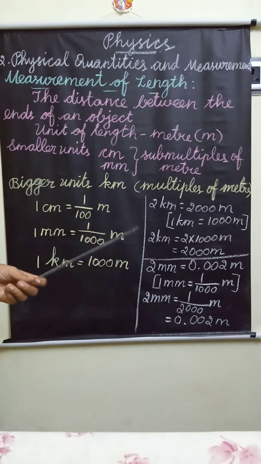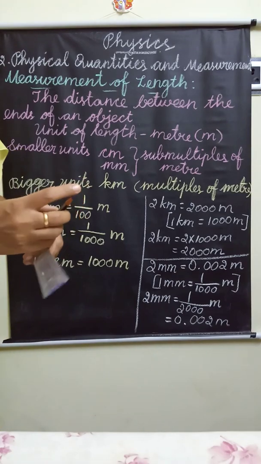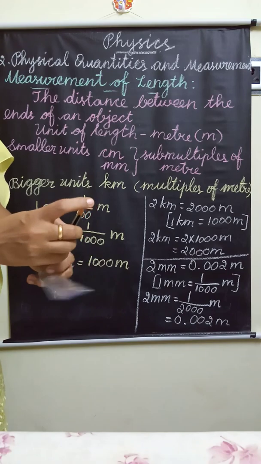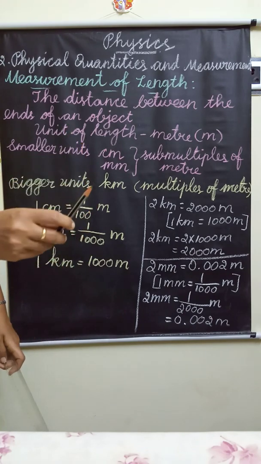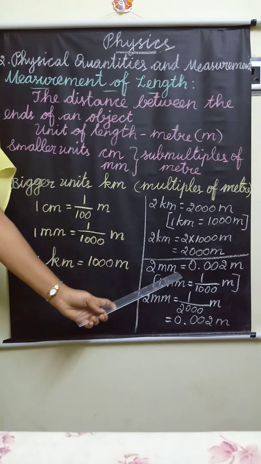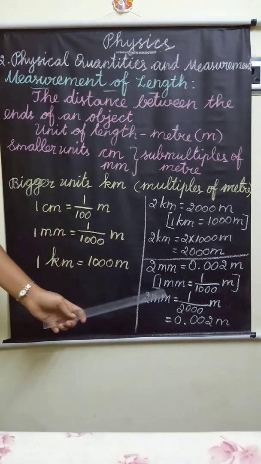Similarly, the thickness of the pencil tip. How we have to consider this? This is 2 millimeter. In meter, 2 millimeter is equal to 0.002 meter.